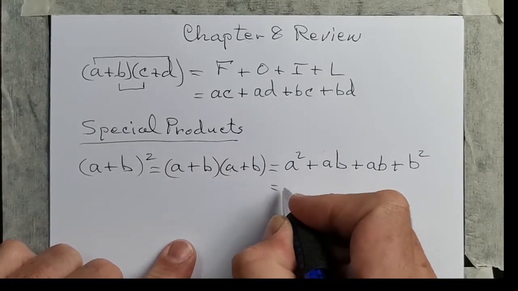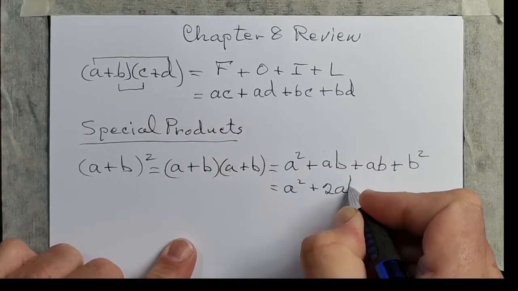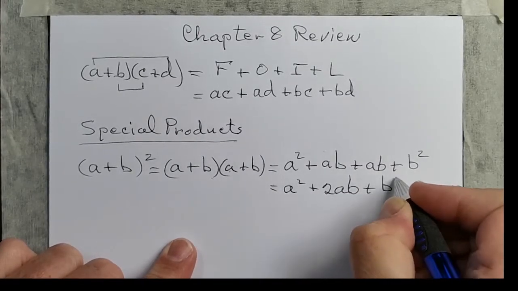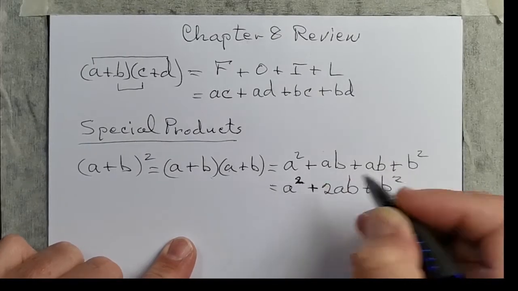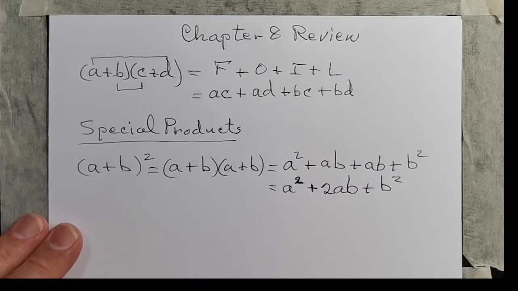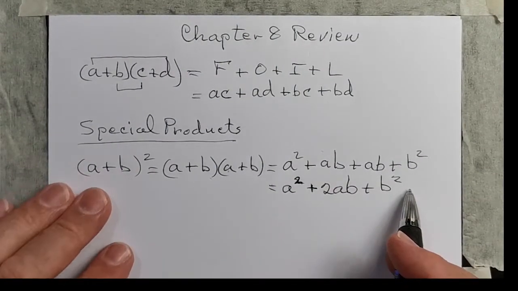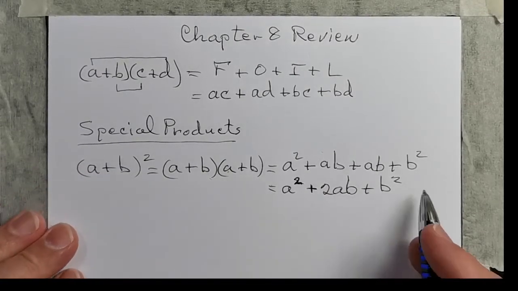So notice that this works out to be a squared plus 2ab plus b squared. Okay, that's the rule right there. A plus b quantity squared is like this.